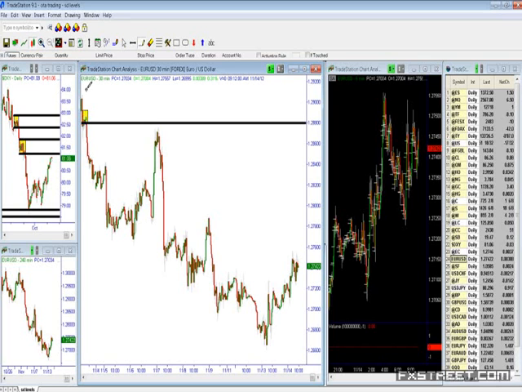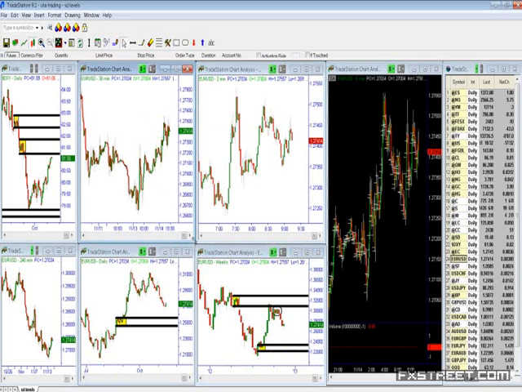Remember, this is a swing and position trading session. So that 128.80 and higher, there's not a whole lot to stop prices from rallying up to that level on anything on the 30-minute chart or higher. All right. So that's what we have as far as the swing trading side of things goes.